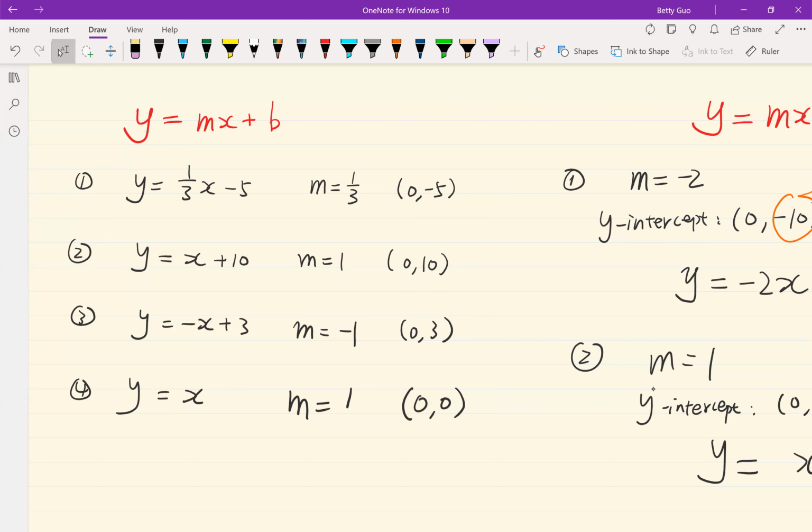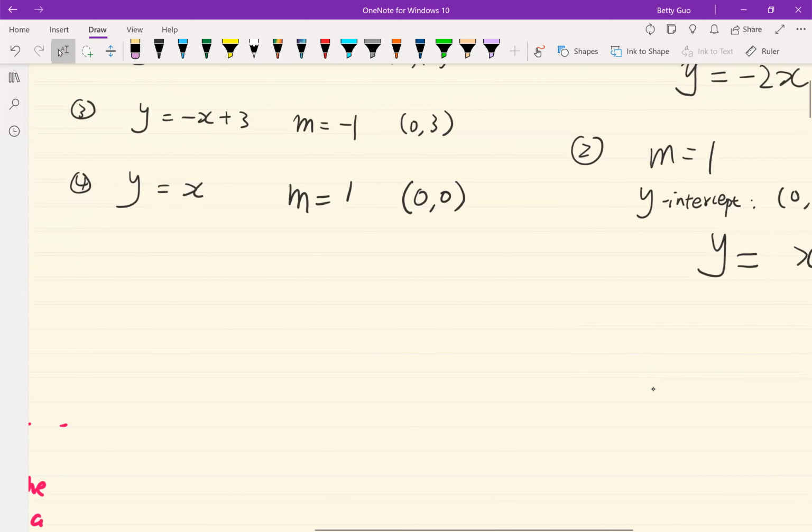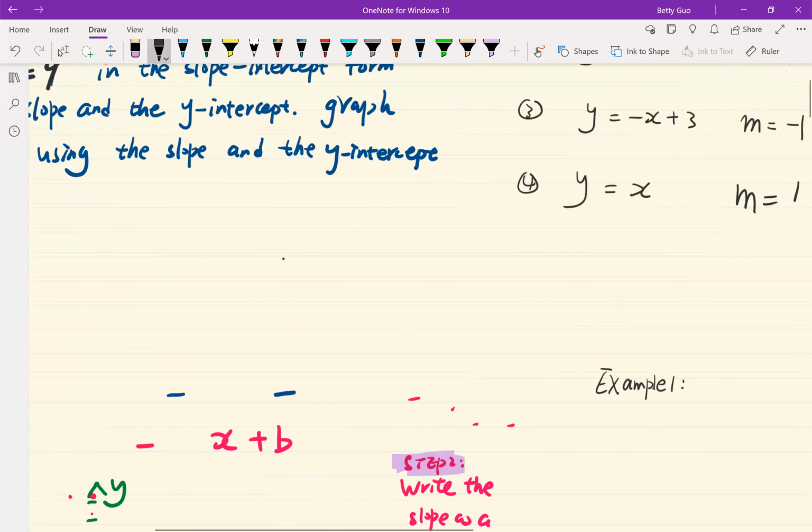Next example, we're going to see if we are given the equation in the standard form, how do we rewrite the equation in slope-intercept form? Okay. So example, let me label this example 1.